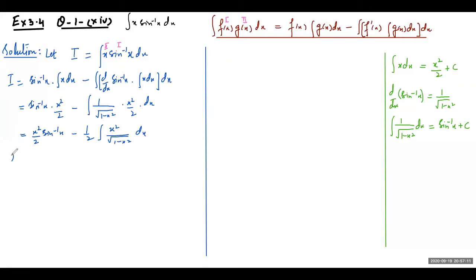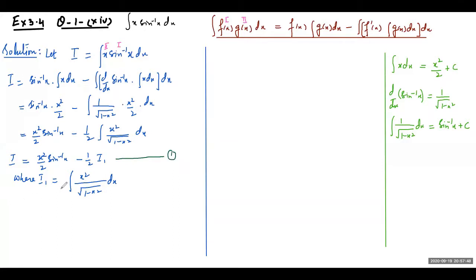Now I'm going to name this integral as I1, and we get integral I is equal to x square by 2 sine inverse x minus 1 by 2 into I1, where I1 is equal to integral x square divided by square root of 1 minus x square dx, and for further reference we are naming this as result number 1.